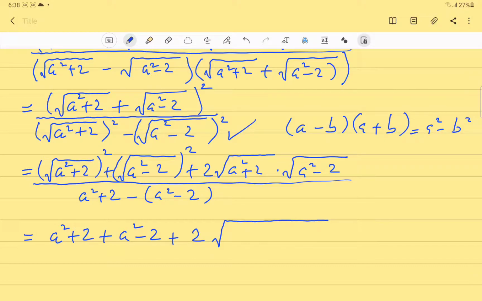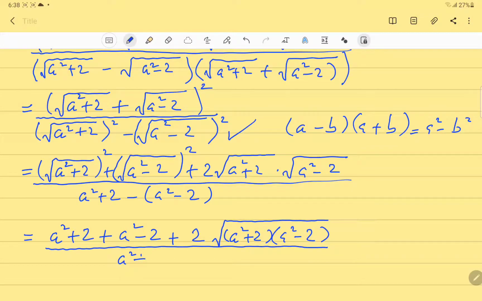So here we can write like this: a squared plus 2 into a squared minus 2, over a squared plus 2, we'll open the bracket, minus a squared plus 2.